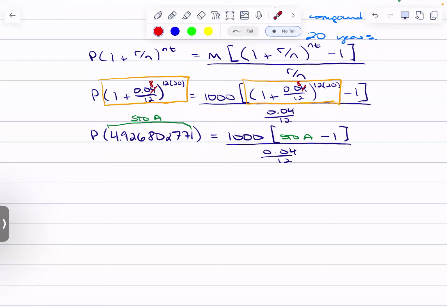So I'm going to simplify, right? Take whatever I stored in A and minus 1 first, which obviously puts me at 3.92, blah, blah, blah, times 1,000.